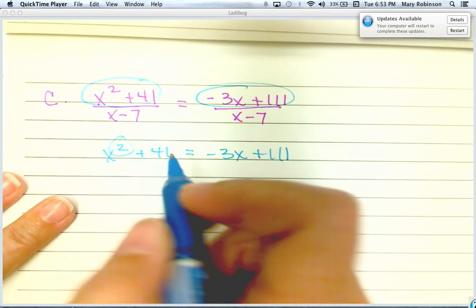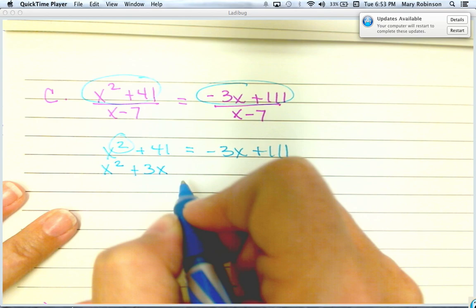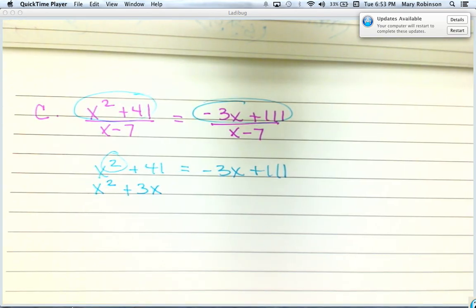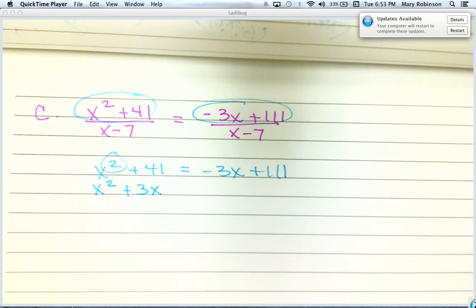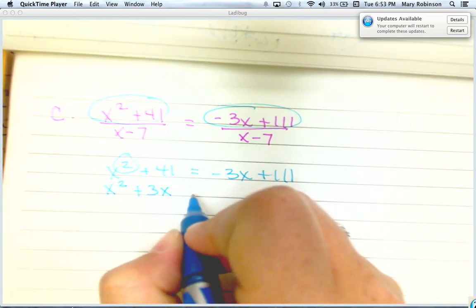It is another quadratic, so we want to set that equal to 0. And let me see, 41, I think that was negative 60. Yeah, negative 70, my bad.